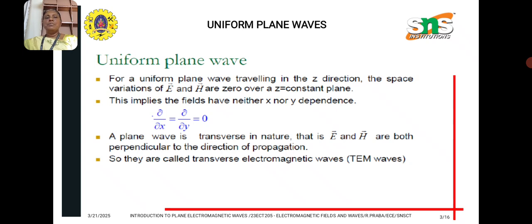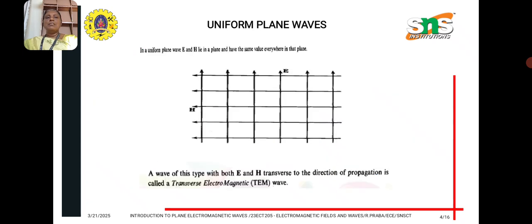A plane wave is transverse in nature, that is, the electric field and magnetic field are both perpendicular to the direction of wave propagation. So these uniform plane waves are called transverse electromagnetic waves. This is the picture of the uniform plane wave, where the electric field lies in the vertical direction and the magnetic field lies perpendicular to the electric field, that is, in the horizontal direction.